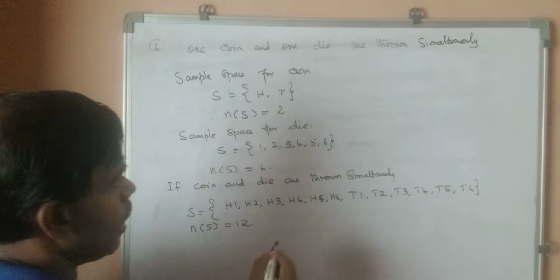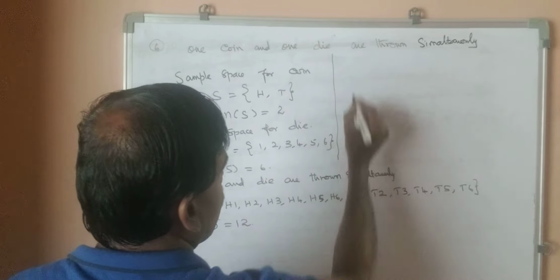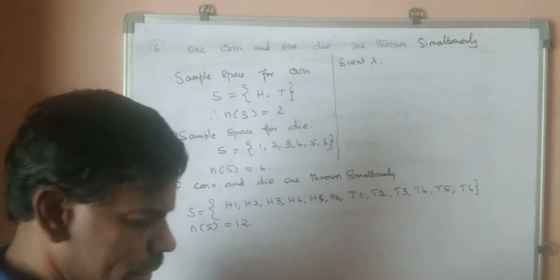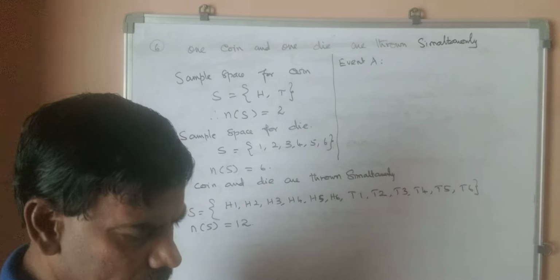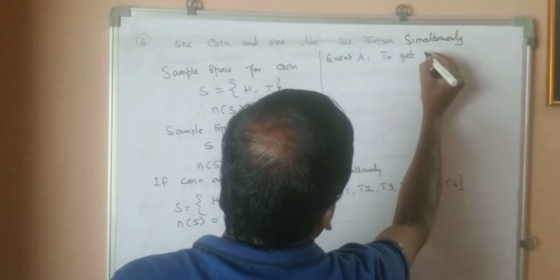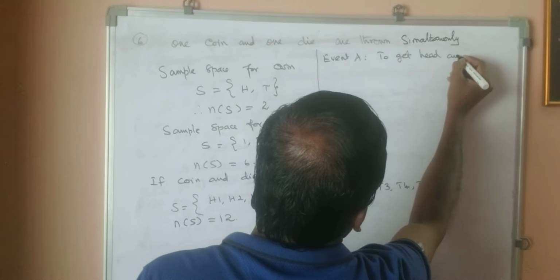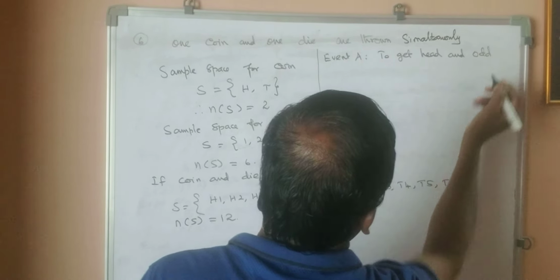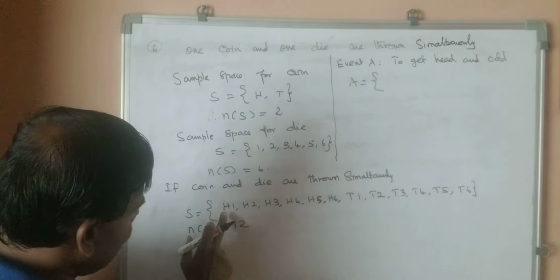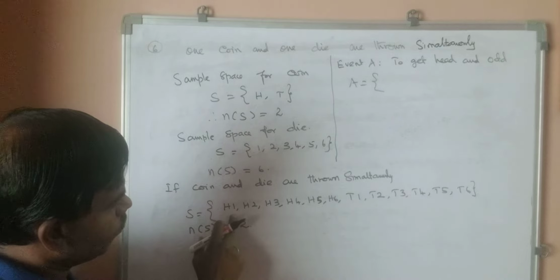What is event A? Event A. What they say? To get a head and an odd number. See, head and odd number. H1, one is an odd number.